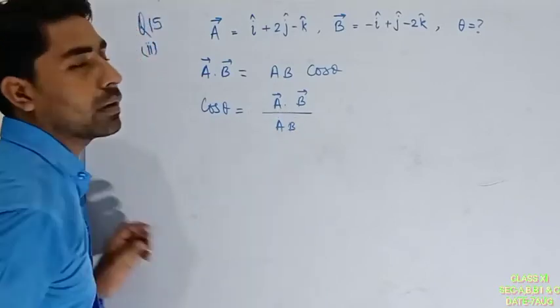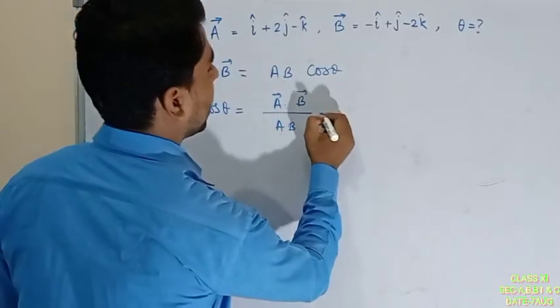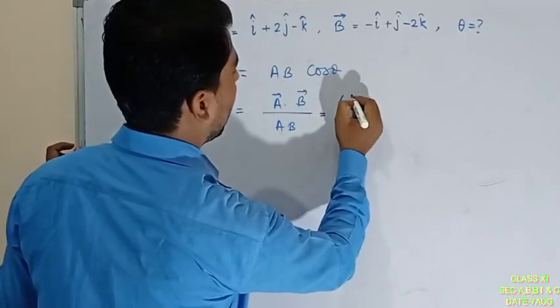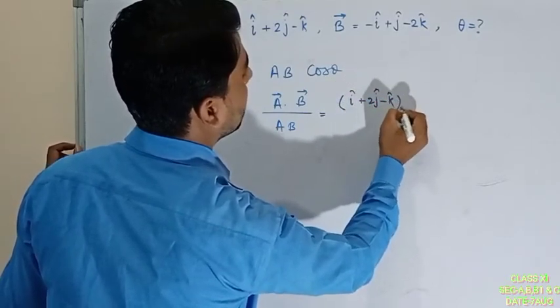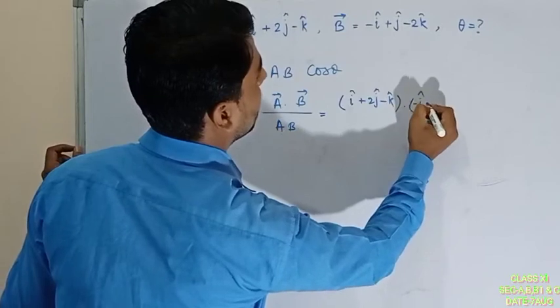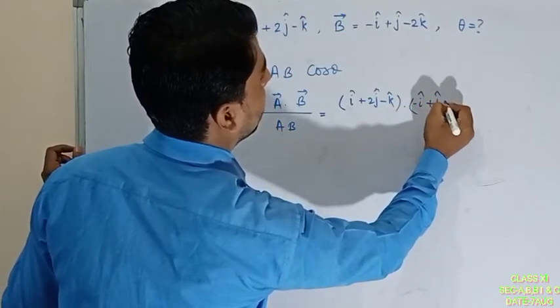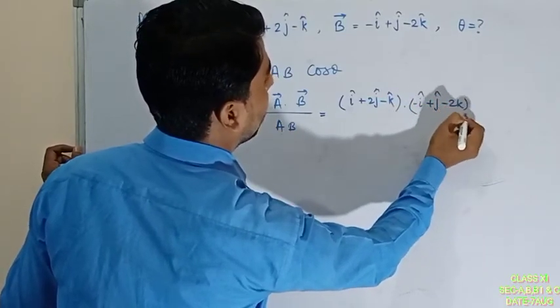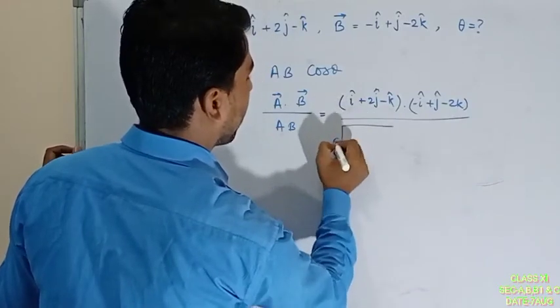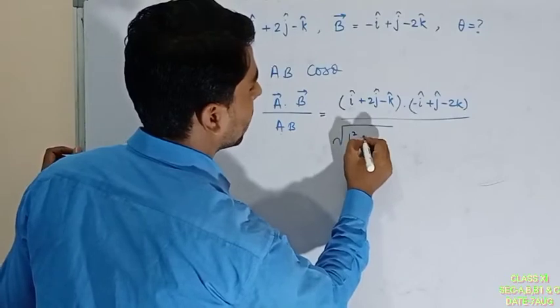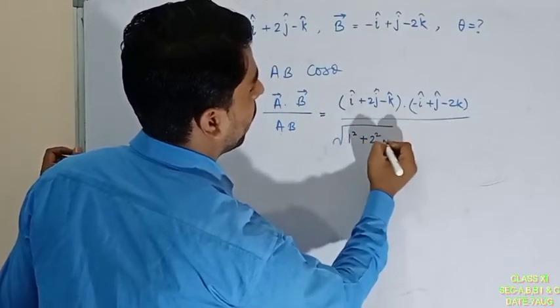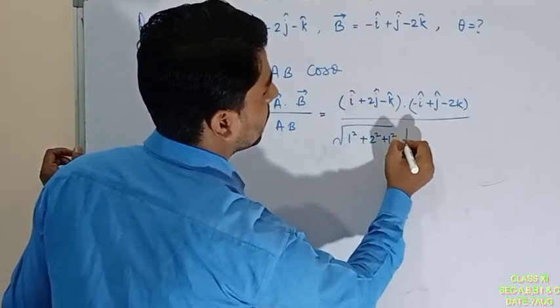This A and B is the magnitude. So let's write here the magnitude of A: it's 1, so 1 square, 2, so 2 square, 1, so 1 square.